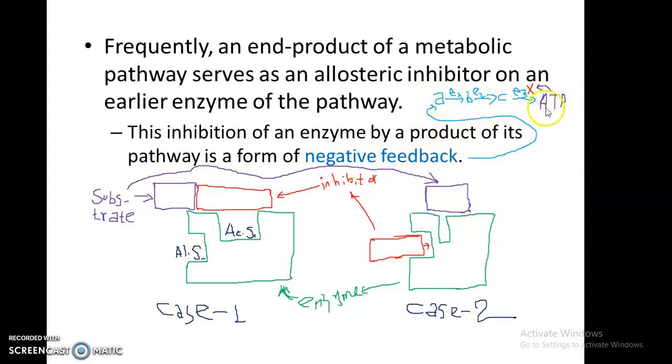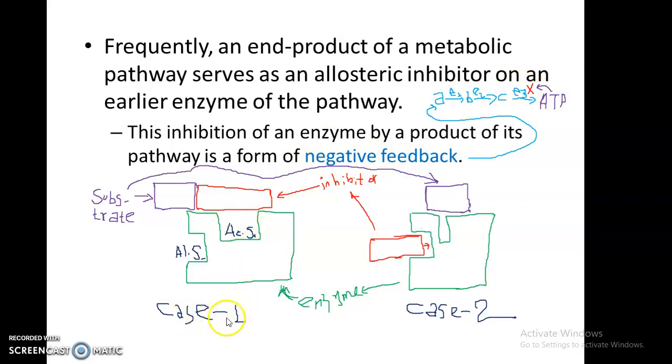The final product of this pathway will prevent the earlier enzyme's activity. Let's say A is converted into B with the help of enzyme 1, E1, B into C with the help of enzyme 2, E2, then E3. Finally, there will be ATP after a series of steps. The presence of a lot of ATP in cells will prevent the action of the earlier enzyme here. That is what we call negative feedback.